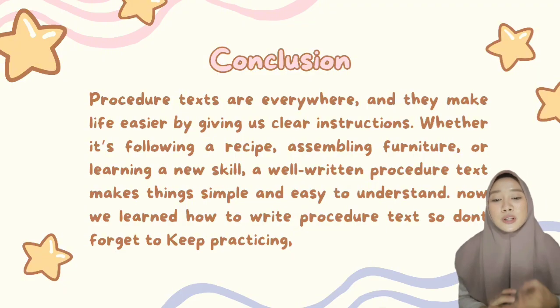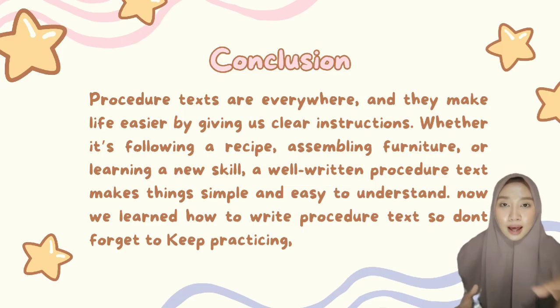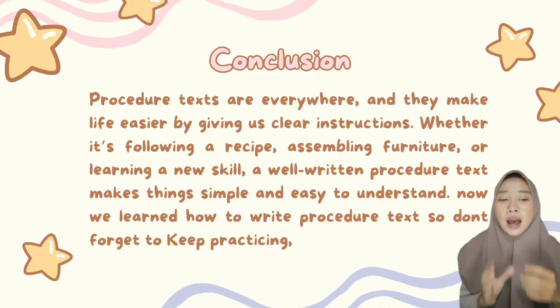Number 2, another mistake is using past tense instead of present tense. Number 3, forgetting to list all the materials. Number 4, writing too many or too few steps. If we avoid these mistakes, our procedure text will be much clearer and easier to follow.